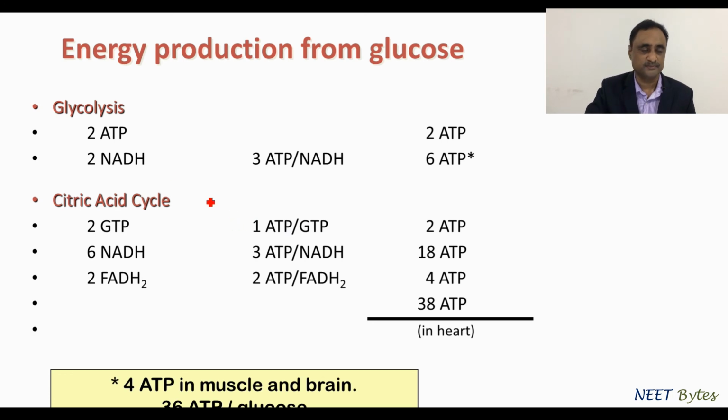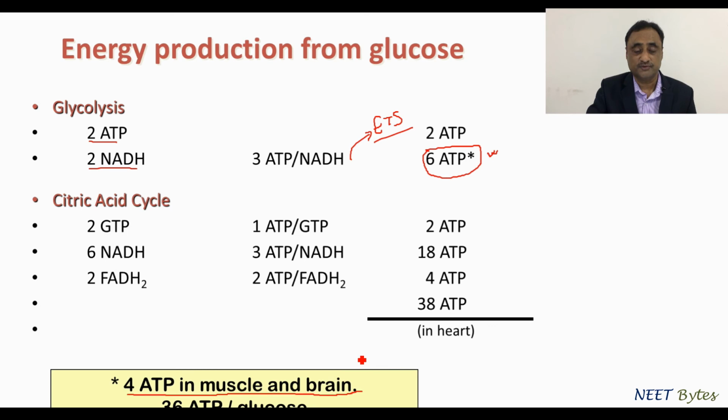So have a look at this. In the case of glycolysis, we have seen 2 ATP, and 2 NADH capable of forming 6 ATP. Mind it, these 6 ATP can be formed only when NADH enters the electron transport system. There are two pathways by which it can enter. One is what we call the glycerophosphate pathway. In that, there is a loss of 2 ATP, so 4 ATP is formed, and that happens in muscle and brain.